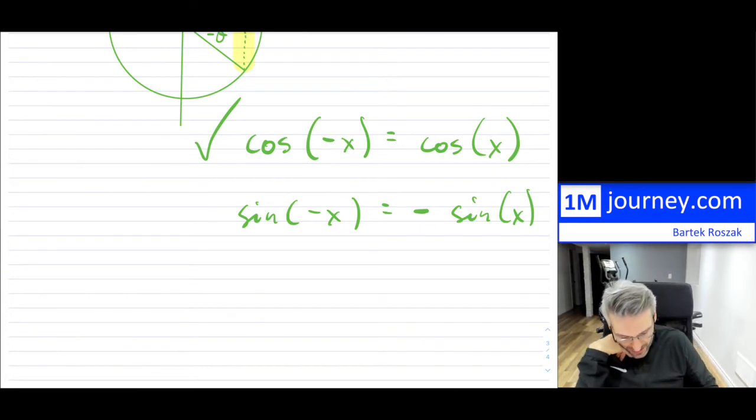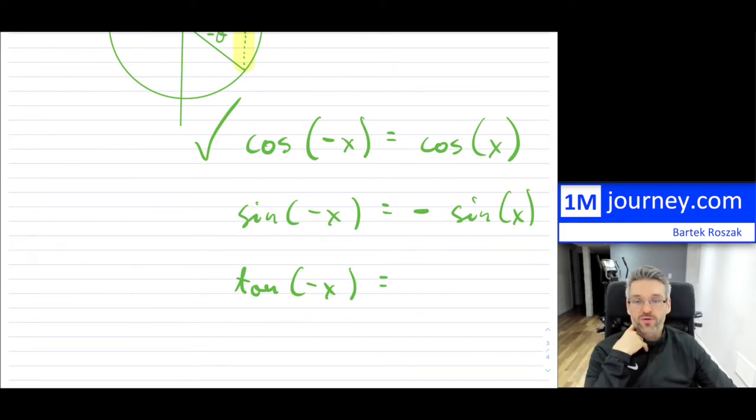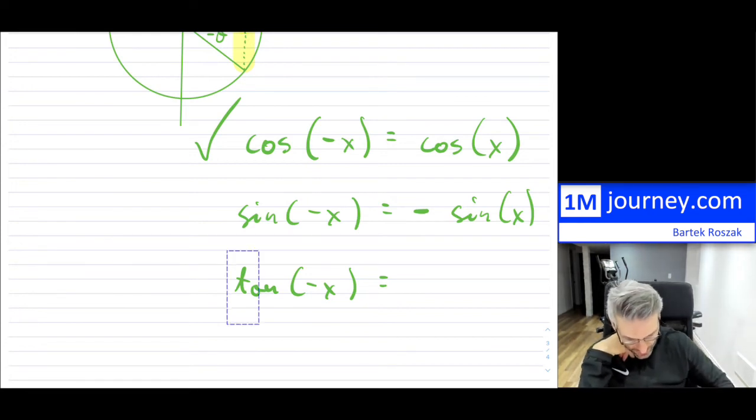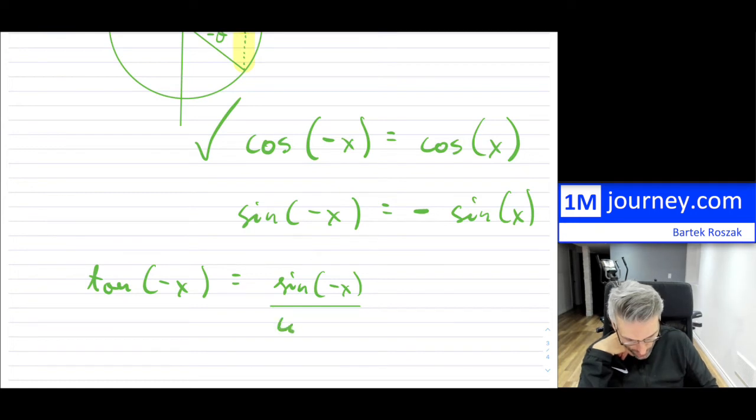So on the tangent side, what if I had tangent of negative x? Is it going to be an odd or an even function? Please remember that tangent of negative x, let me just shift this over, is just equal to sine of negative x all over cos of negative x.